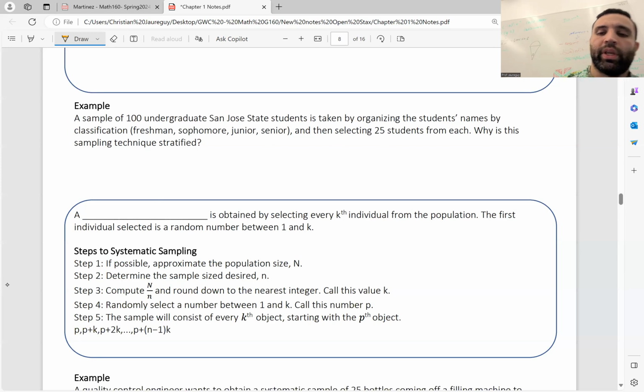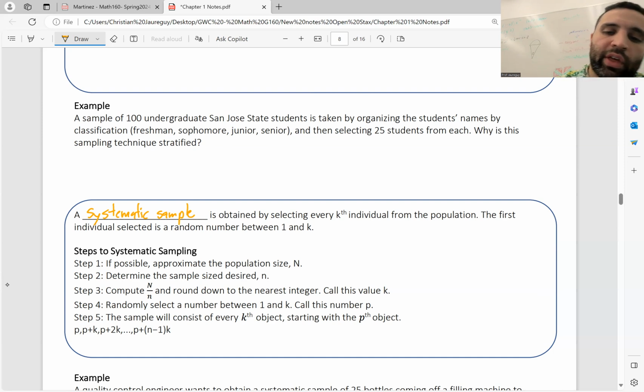The third style is going to be systematic. Sorry, brain fart there. A systematic sample is obtained by selecting every kth individual.